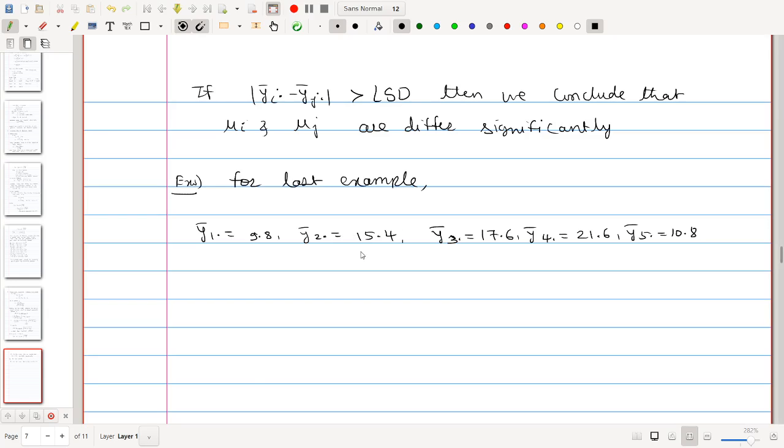So find out first the LSD. In the last example, MSE is 8.06 and n is 5.